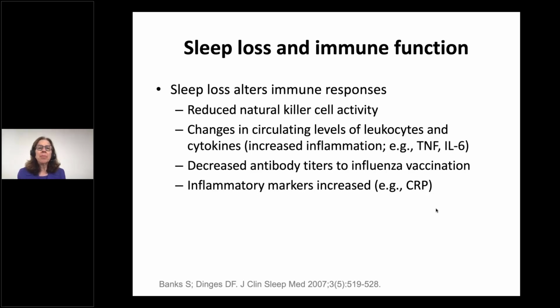Again, focusing a little bit on sleep loss and immune function, because we're all particularly attentive to this now with the COVID vaccines coming out and just dealing with the infections, when we are sleep deprived, our immune responses are diminished.